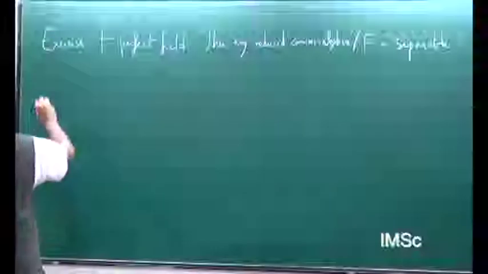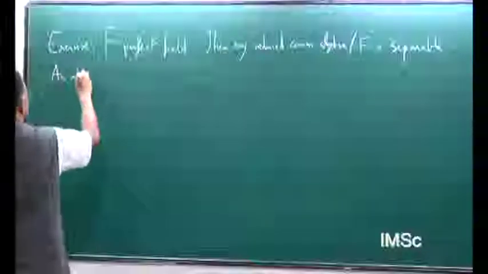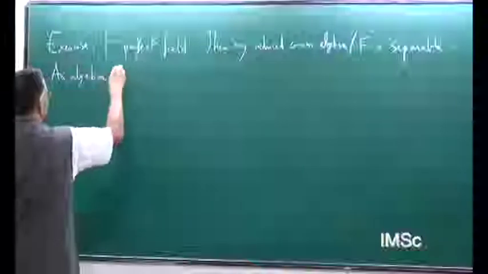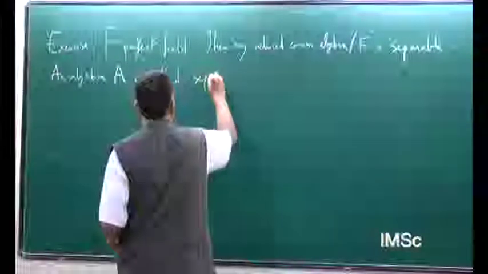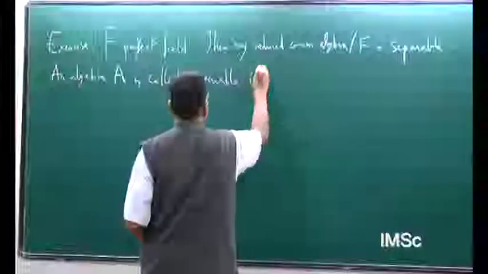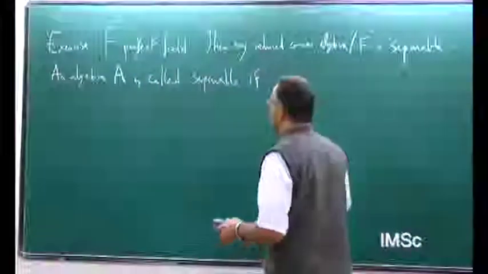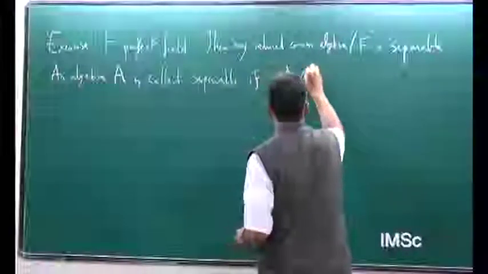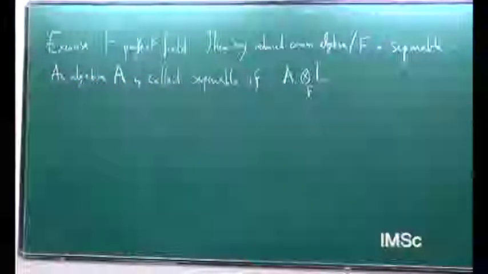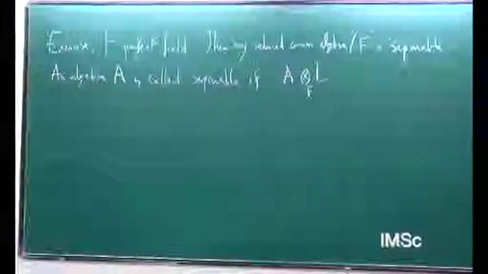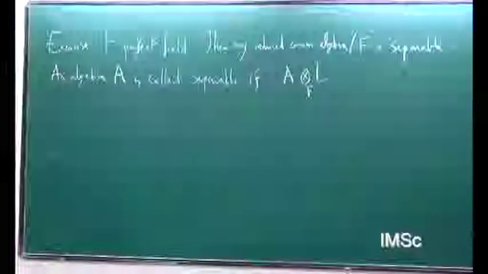An algebra A is called separable if, when I extend the scalars to L, where L is any extension field, it continues to be reduced.